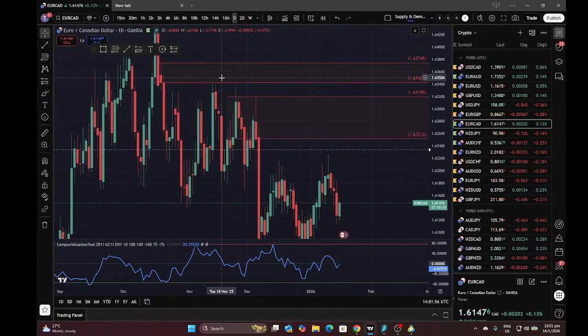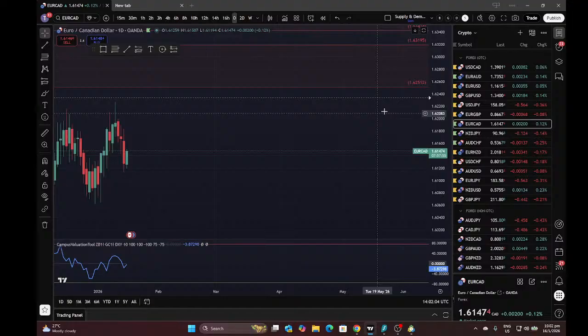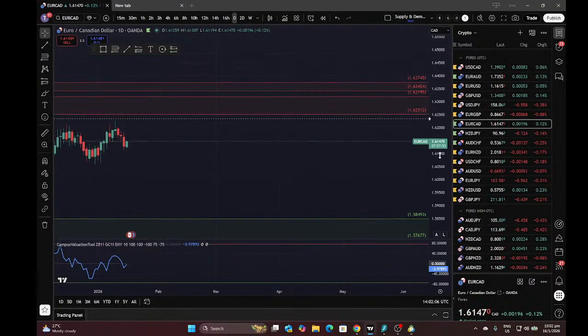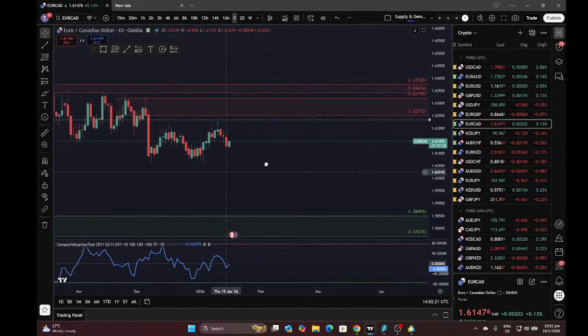It wasn't touched, although some would consider this already being traded. Nonetheless, since we don't have any action here, we'll just leave it as it is. I think I have another account that's doing a trade here. I have alerts set here. So again, no possible trade for this currency pair.